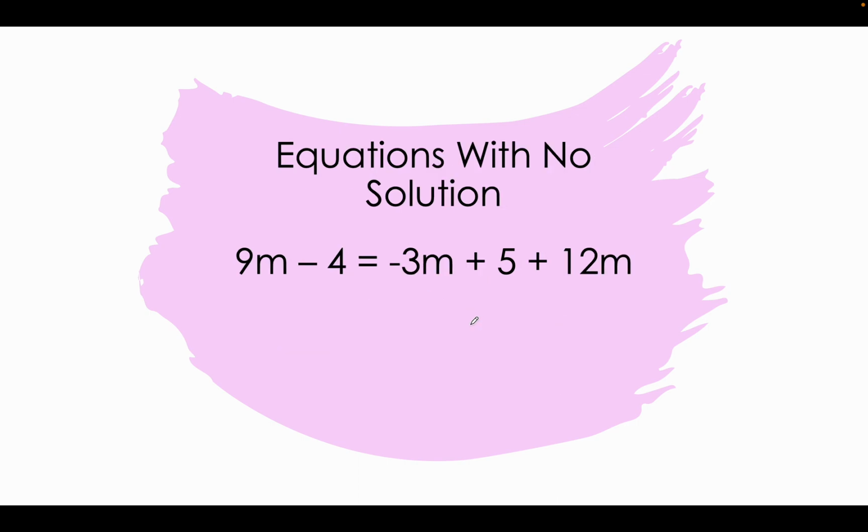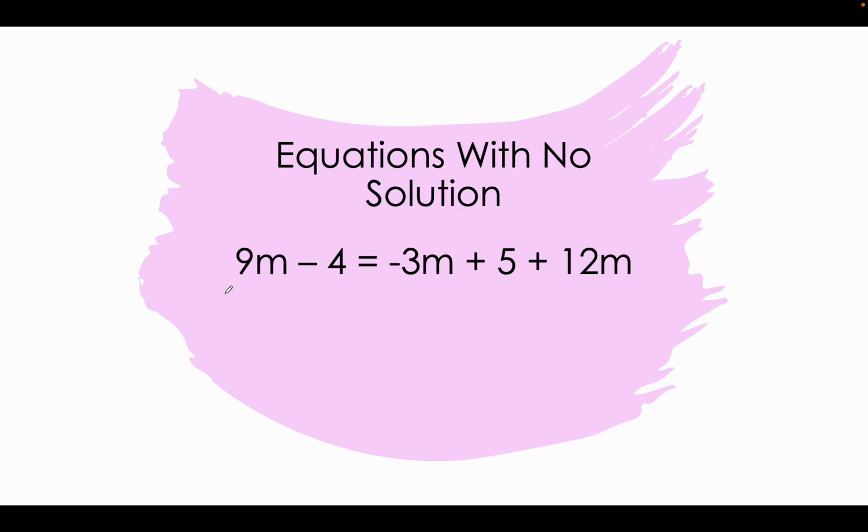Let's check out another one. This off chance equation is the equation that has no solution. Let's go ahead and check out what this one is. If I have a 3m here and a minus 3m, a 12m, and a 9m, I need to get all my m terms on the same side.